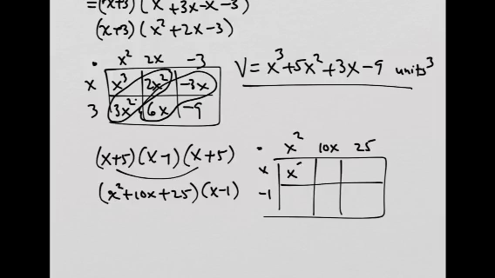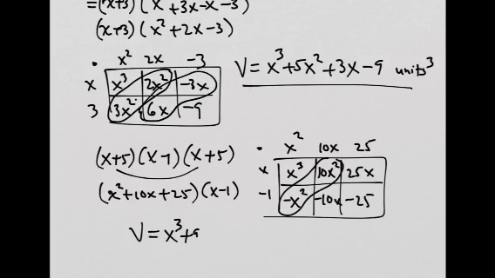This is x cubed, 10x squared, 25x, negative x squared, negative 10x, and negative 25. So the volume for the second box is x cubed, 10 minus 1x squared, that gives you 9x squared. Negative 10x and 25x, that gives you 15x minus 25. And again, because it's a volume, it's cubic units.